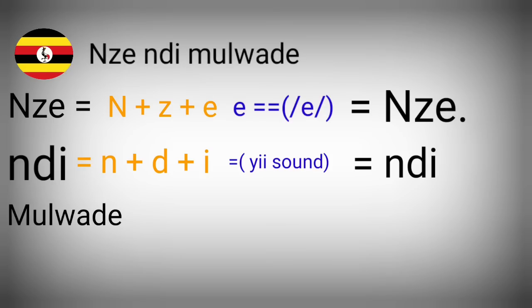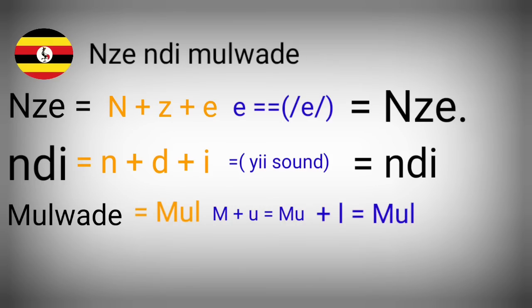Mulwadde. The first three letters are M, U, L. Is that a vowel letter? Yes, and that is U. How is U pronounced according to vowel letters? Wu. Forming M and U, it is mu. When you add on the L, it is mul. What are the remaining letters?